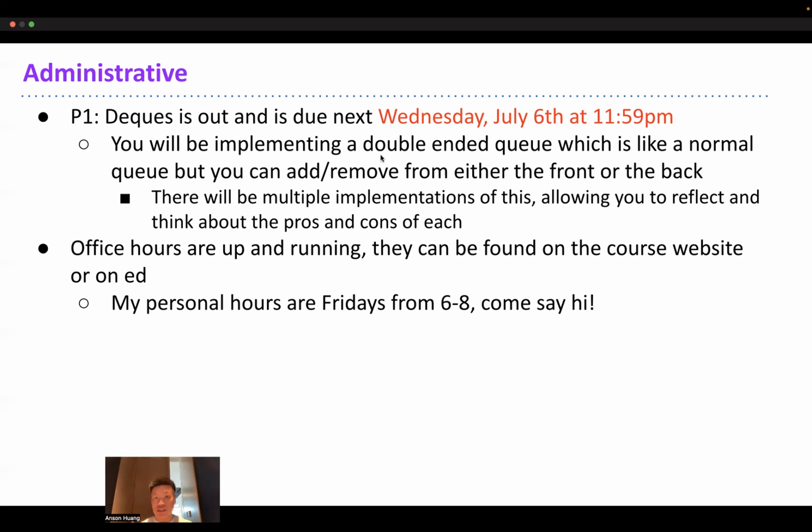All these implementations will achieve the same result of a deck, but they will have different runtimes, which forces you to think, when should I use this implementation versus that one? And in this section, we're going to learn all about runtime, which helps you think about this concept a lot better.